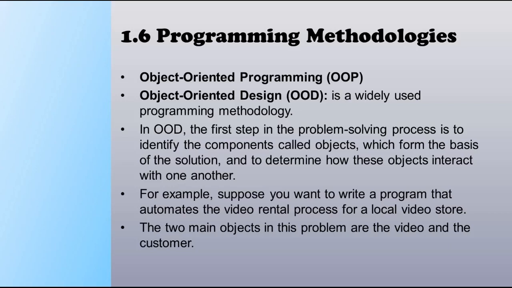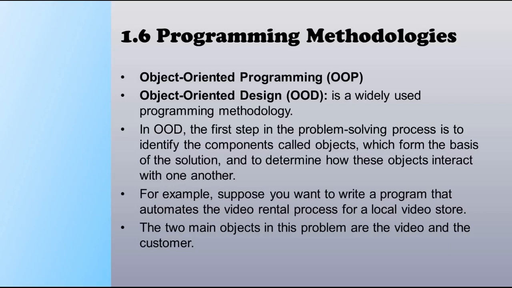And how do the objects interact with one another? For example, we have a car. What's the brand? What's the color? What are the properties? What are the behavior methods?